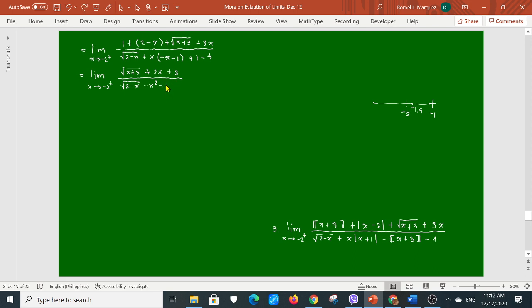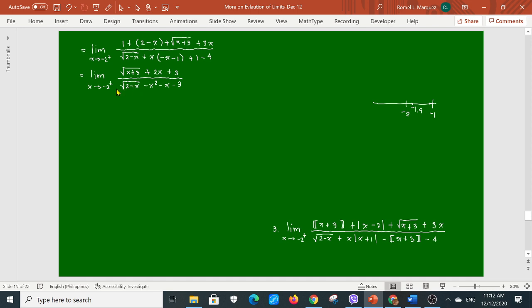And then the last term, minus 3. Okay? Let's see if the denominator will be 0 when x is negative 2, or let's take the limit, no? So, 2 minus negative 2. So, the limit of that is 4. Square root of 4 is 2, right?